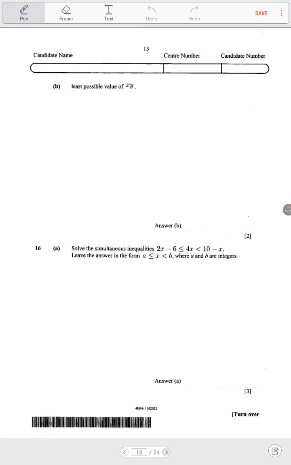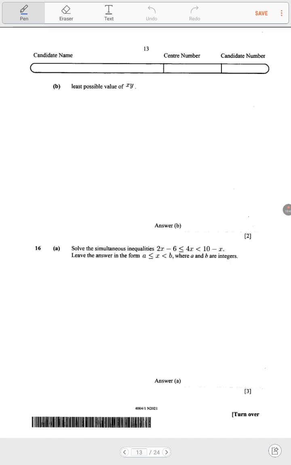Okay, let's move on and look at number 15b. It says find the least possible value of xy. That is a product.